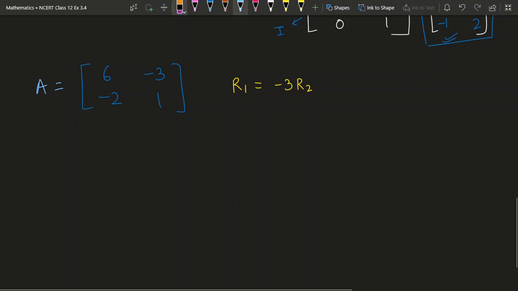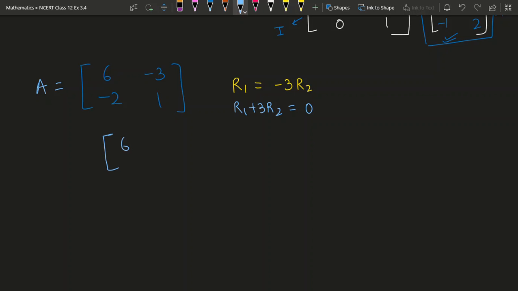Thus if you perform the operation R1 plus 3R2, that's just equal to the zero row. Let's write it in the form that we have to.